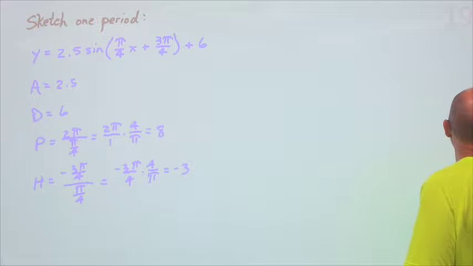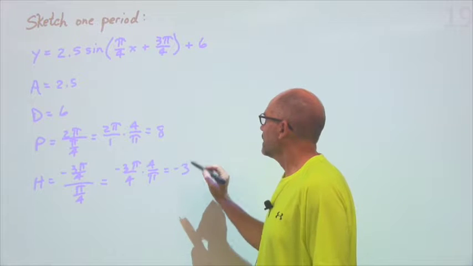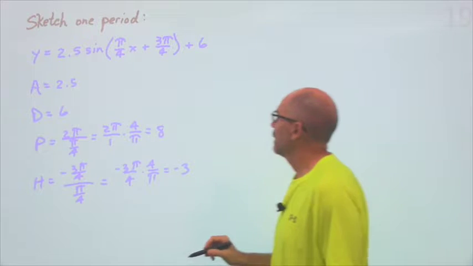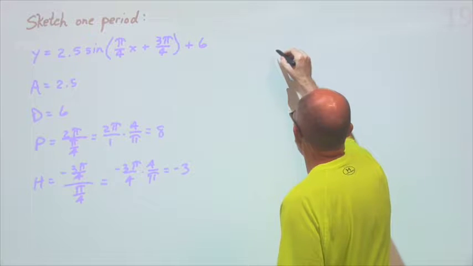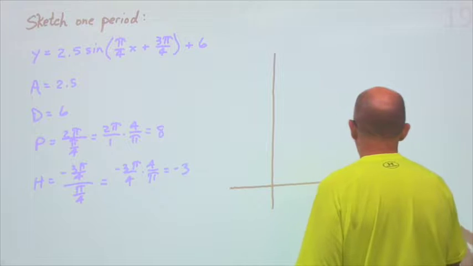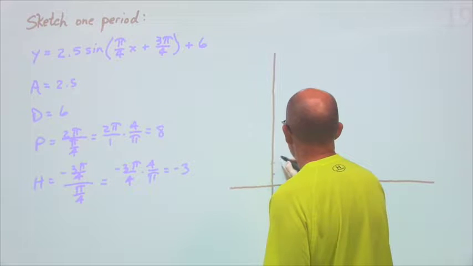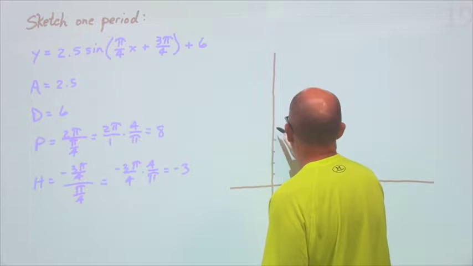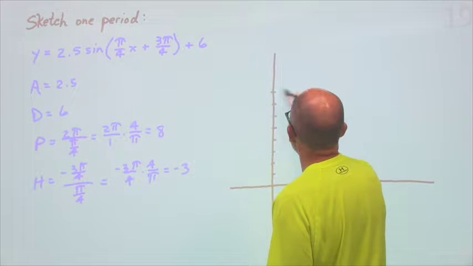First thing we see is that we're moving it up 6. So my y-axis is going to go 1, 2, 3, 4, 5, 6. And now I'm going to go up 2.5.